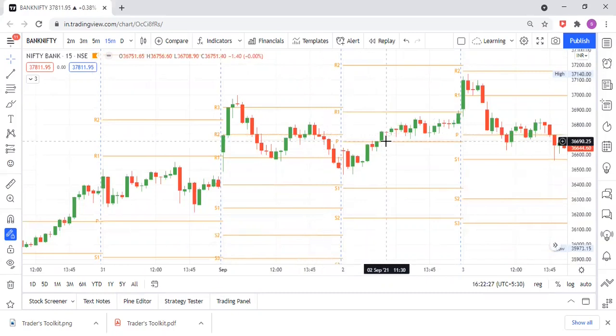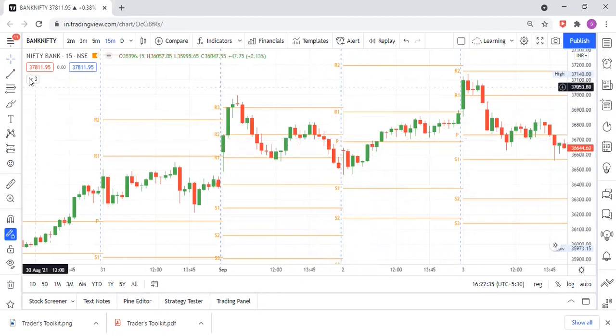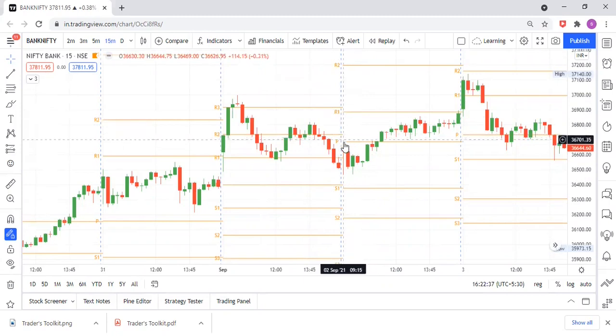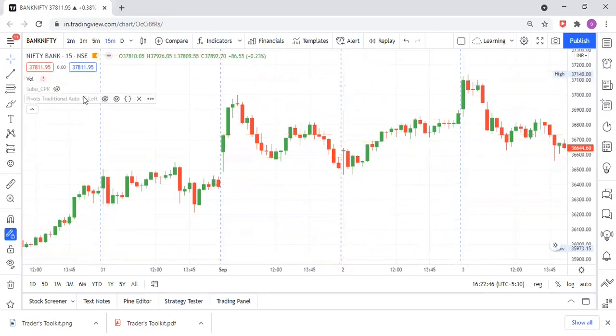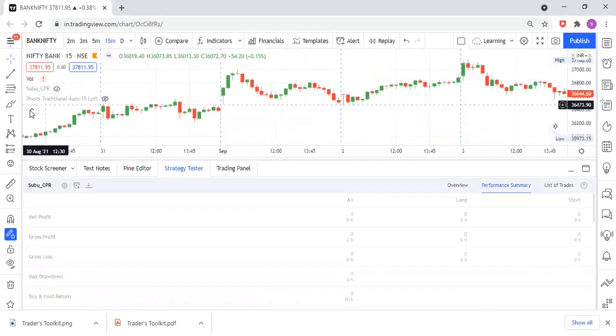But a little more advanced than the standard built-in function is the CPR. CPR stands for central pivot range. Here in the standard one, you see just a single line, and that is the pivot line. But let's say I want to get into a little more advanced one, the CPR indicator.